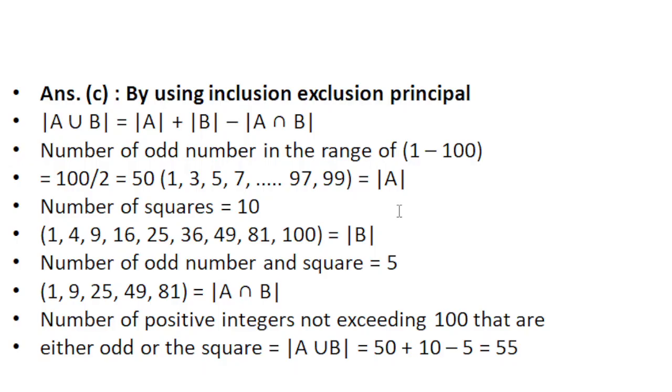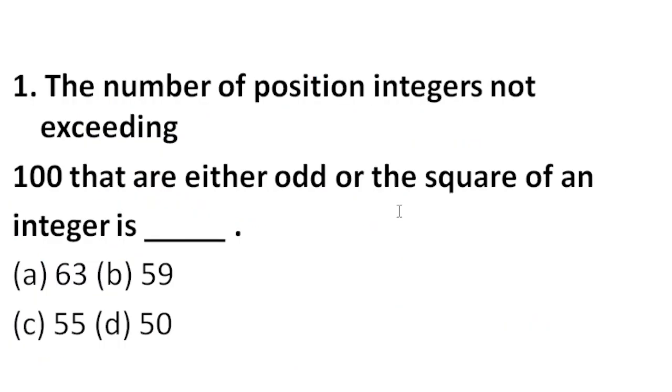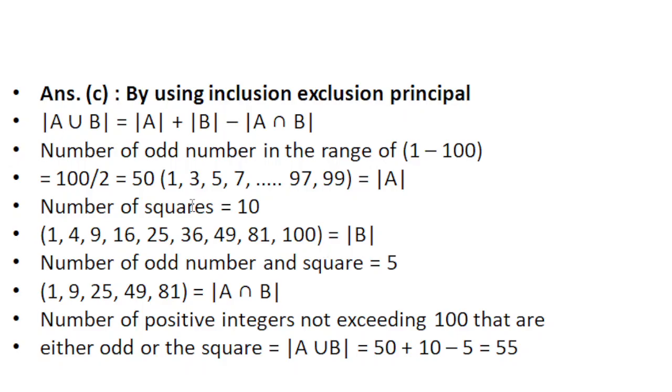First, they have given the range, that is 100. In that range we have to find out how many numbers are odd. We know that in numbers 1 to 100, half of the numbers are even and half are odd. So the number of elements in A is equal to 50. Then the number of squares.